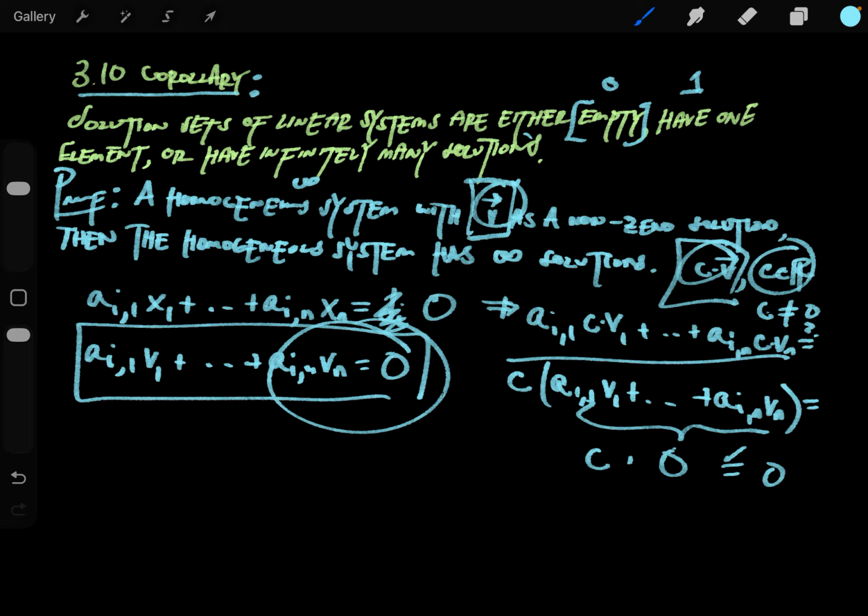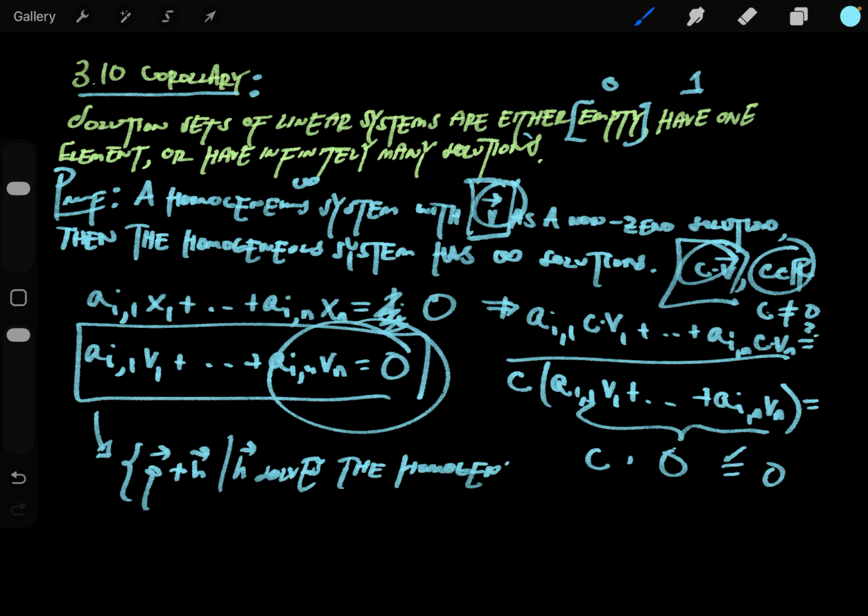Now, we know that any solution to the system is in this set. From the lemma, we know that any solution to the system is of this form and solves the homogeneous system.